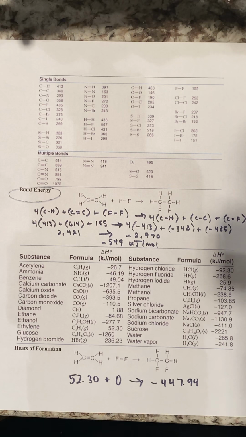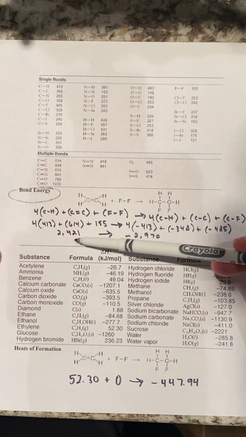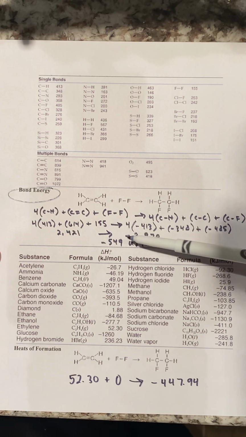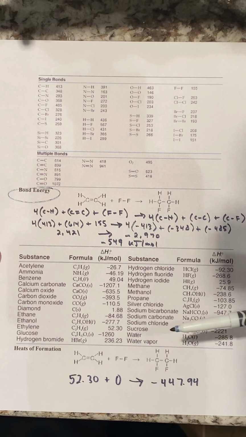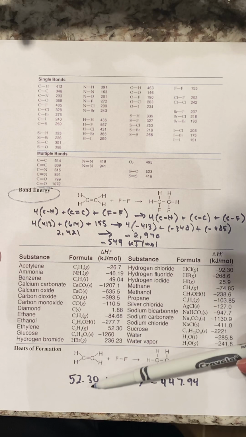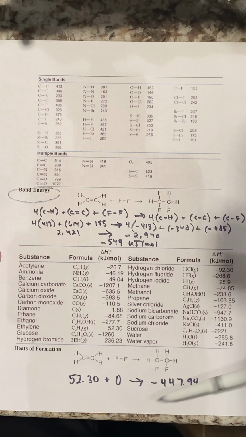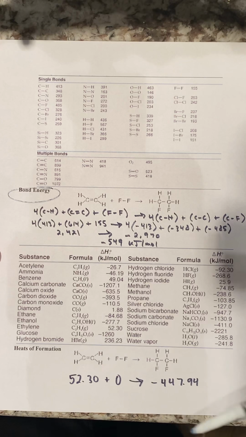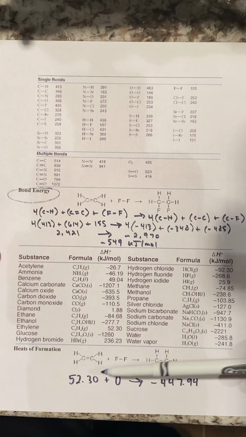Now, the biggest difference between bond energies and heats of formation is here you have positive values here, negative values here, you add them together and you get your total. In heats of formation, you take them right off the chart and plug them in. So you might have negative values here as well as here. In this particular case, I have positive values and negative values, but you can have negative and you can have positive over here.